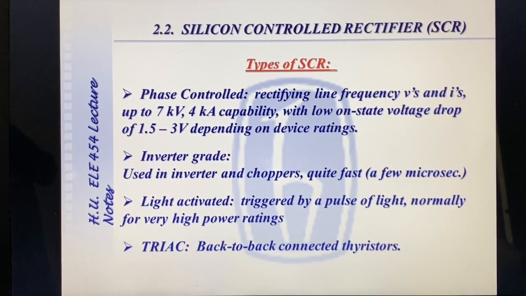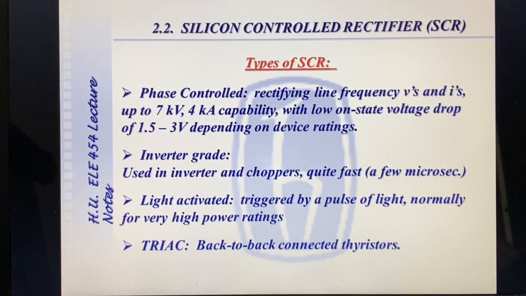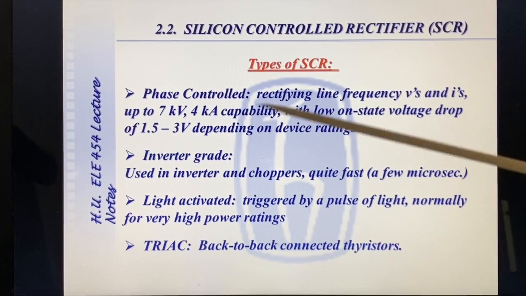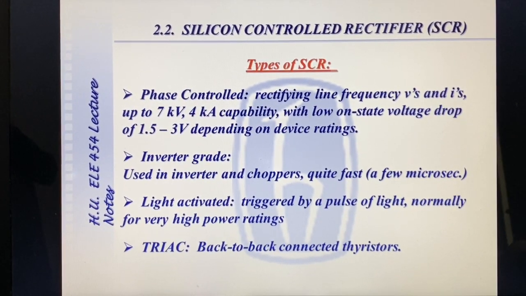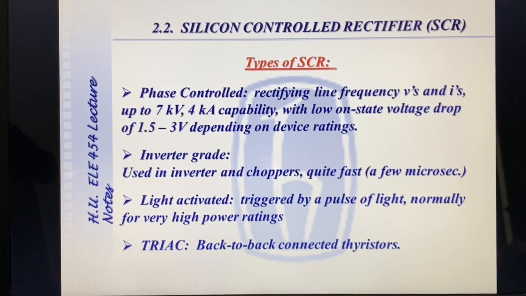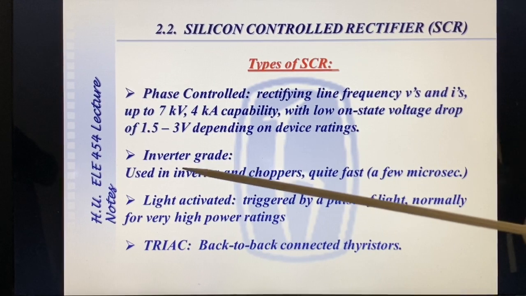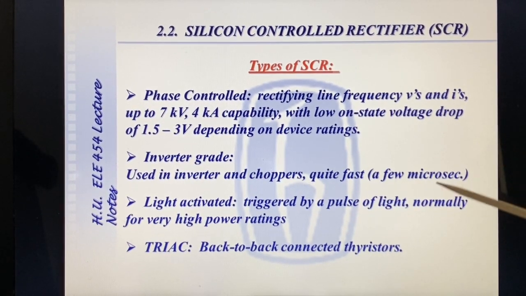So the types of silicon controlled rectifiers are phase controlled, inverter grade, light activated, and triac types. Phase controlled types have very high voltage and current ratings with low on-state voltage drop at these device ratings. Inverter grade were formerly used in inverters and choppers, but nowadays are not employed.